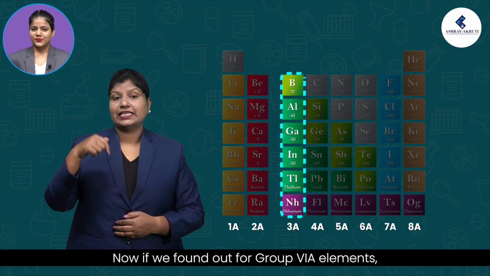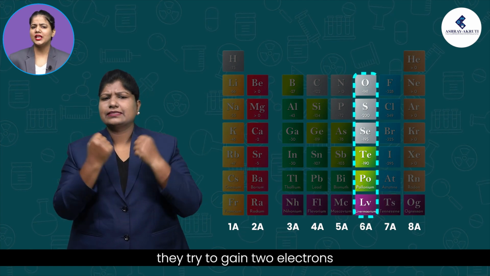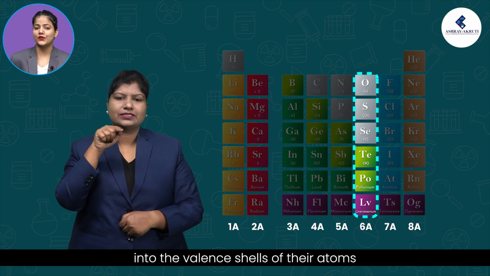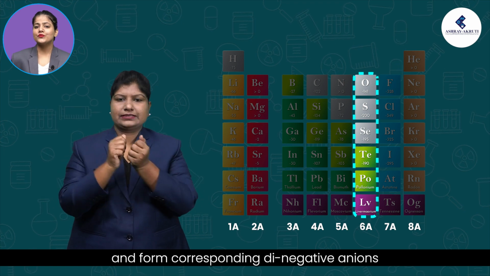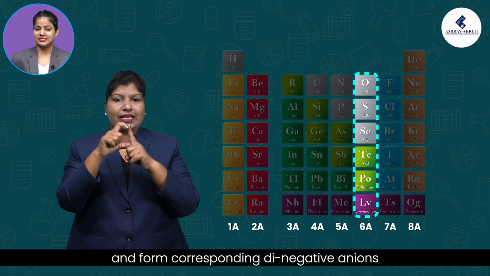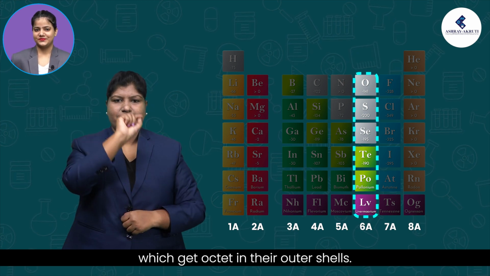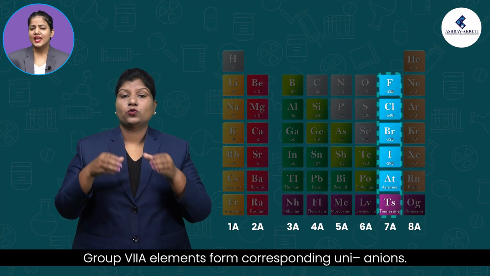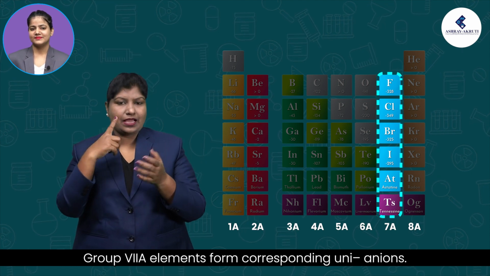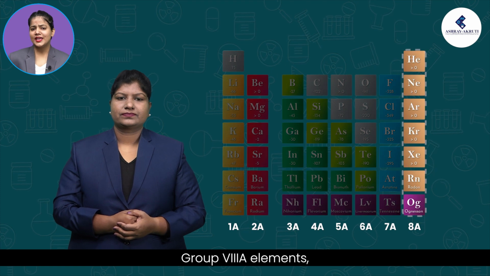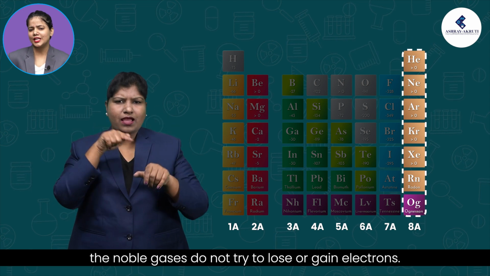Now, for group 6A elements, they try to gain 2 electrons into the valence shells of their atoms during the chemical changes and form corresponding di-negative anions, which get octet in their outer shells. Group 7A elements form corresponding unianions. Group 8A elements, the noble gases, do not try to lose or gain electrons.